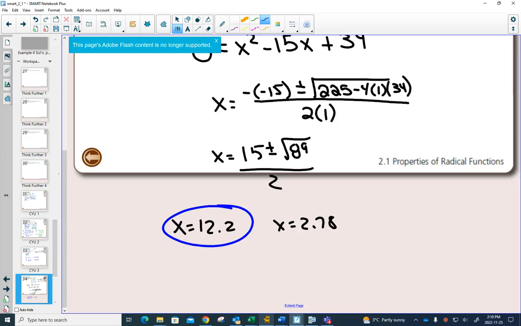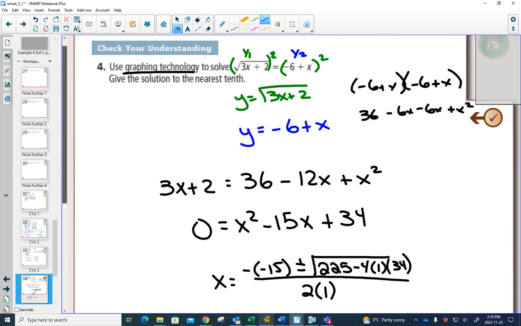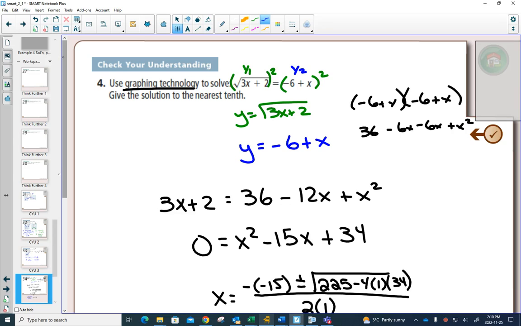And this is again something from grade 11. That's why I wanted to do this one. Whenever you're solving a square root equation, you have to check it. The 12.2, can you see that you're going to get a positive number on this side and a positive number on this side? In fact, the square root of any number is always positive. The square root of 9 is just 3. The square root of 16, just 4.